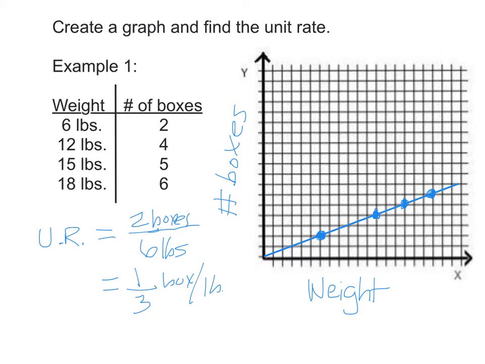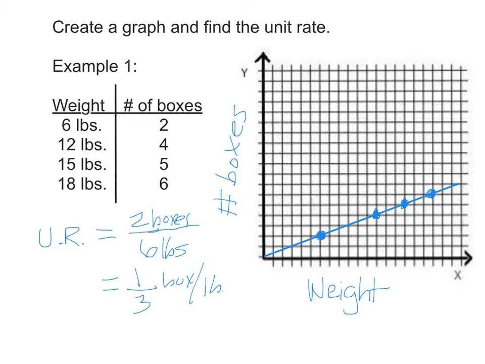Now, if you think back to when we talked about unit rates before, we talked about how sometimes we would get crazy numbers like that. And we look at these numbers and it makes us feel better to say, oh, well, can't we just say 3 pounds per box?